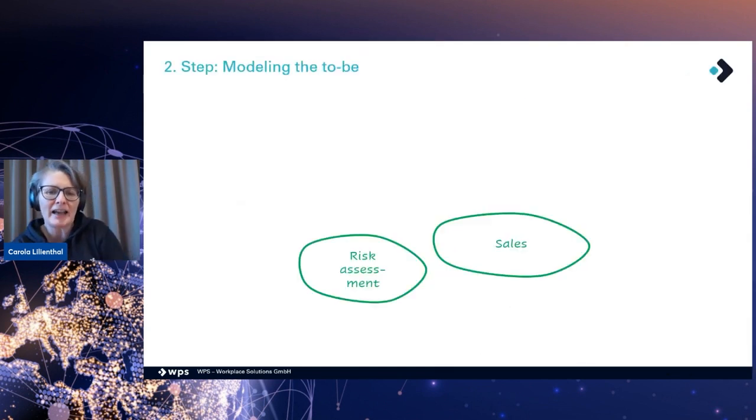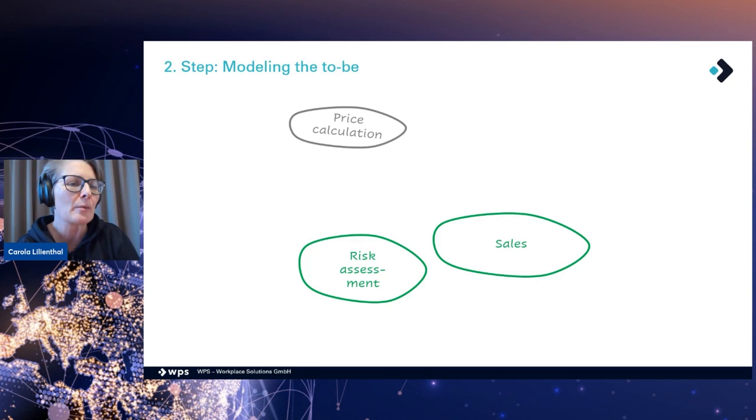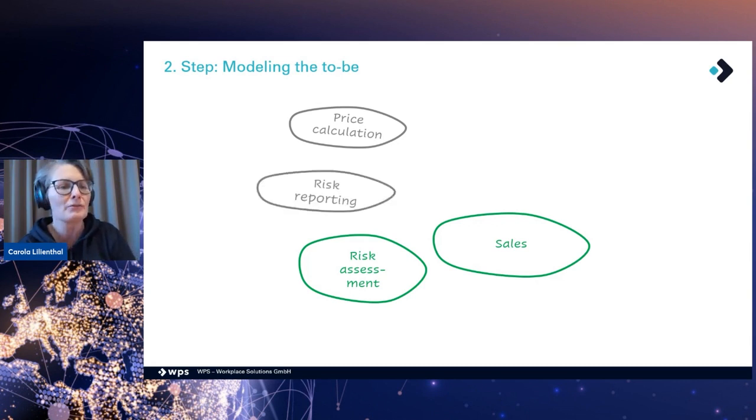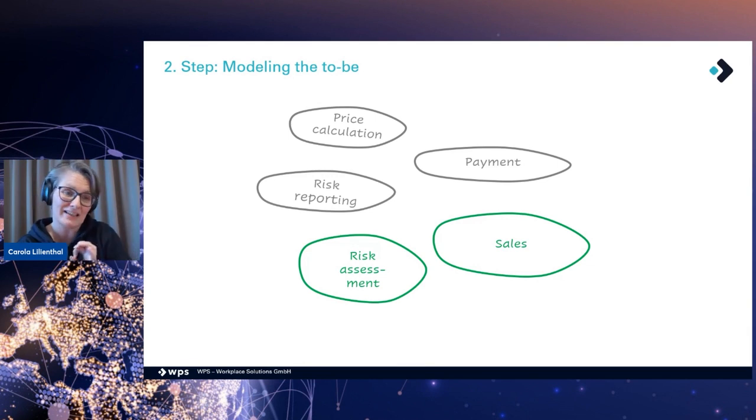In domain-driven design, this is shown with a context map. The 2 contexts, sale and risk management, are 2 core domains that any leasing company will have. If we dig a little deeper, we will find some other subdomains, such as price calculation, risk reporting, and of course, payment is necessary in here.